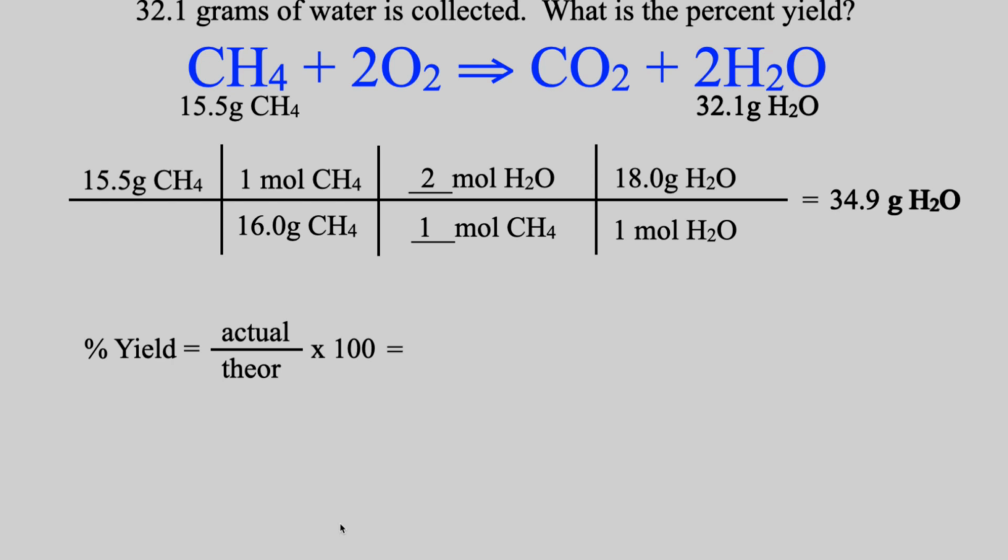Then throw down the equal sign and draw a line. All right, you ready? What is our actual yield? Well, our actual yield is 32.1 grams, so bring it down.